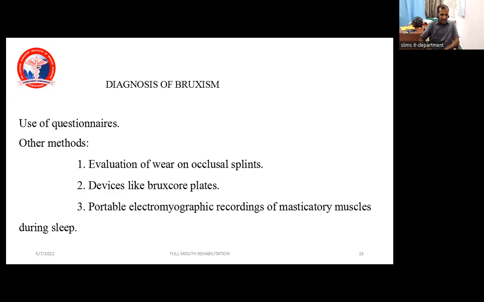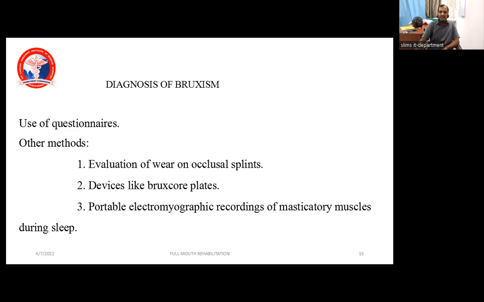Now, how to diagnose the condition? It can be by an elaborate questionnaire with the patient, evaluation of the wear on occlusal splints, or it can be readily assessed by using Brux score plates, or confirmed with electromyographic recordings of the muscles of mastication, that too during sleep.